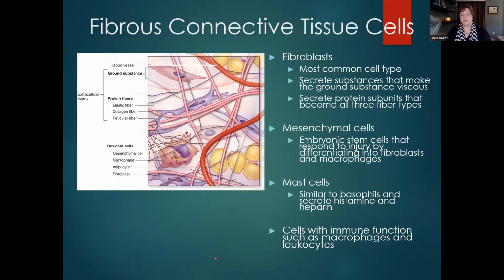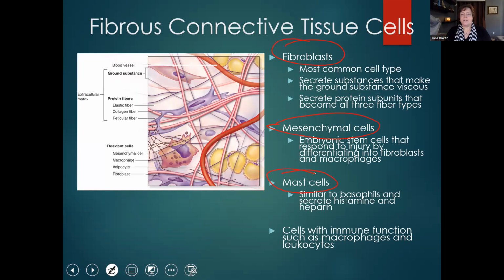The different kinds of cells that make up these fibrous connective tissues are fibroblasts, mesenchymal cells, and mast cells, our three primary ones. Fibroblasts are the most common. Fibroblasts are cells that make fibrous connective tissue, so they're going to be the ones making the extracellular matrix.